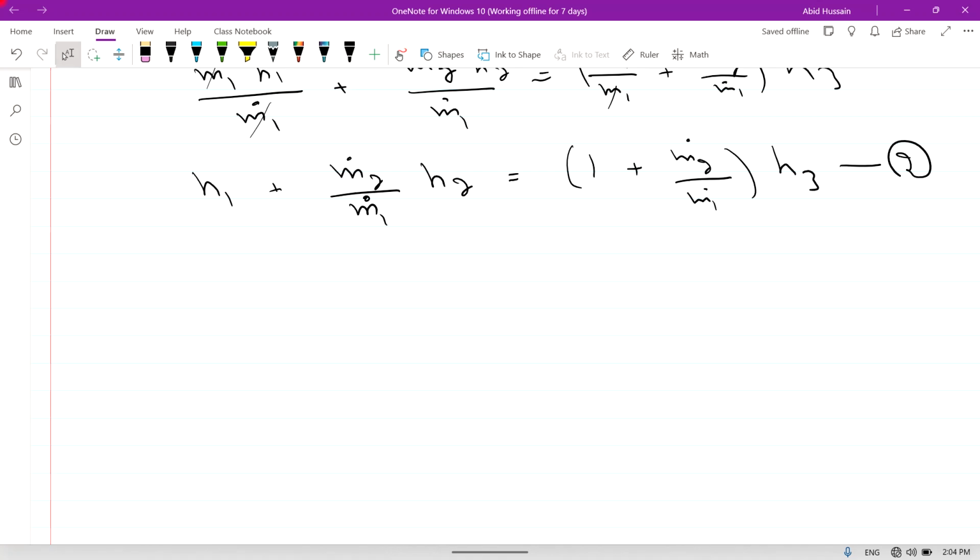h1 is enthalpy at the superheated region, so we will find it from the superheated steam table.